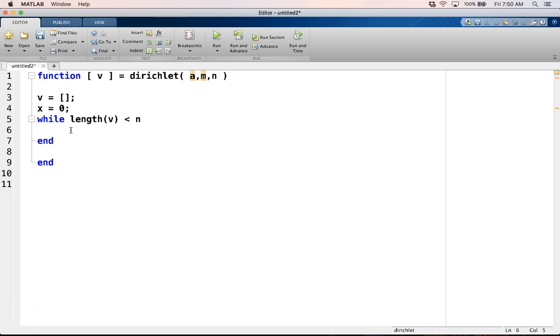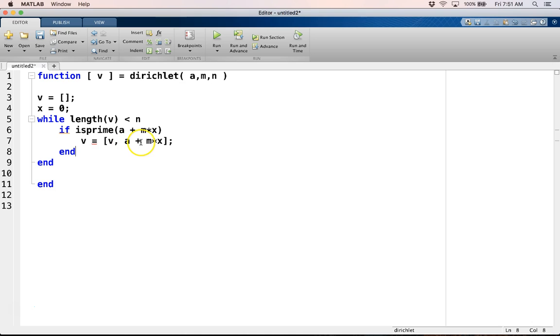And then I'm going to say if is prime a plus m times x. So if I find a prime number, then I want to put it at the end of the vector v. So I do v equals v comma a plus m times x.